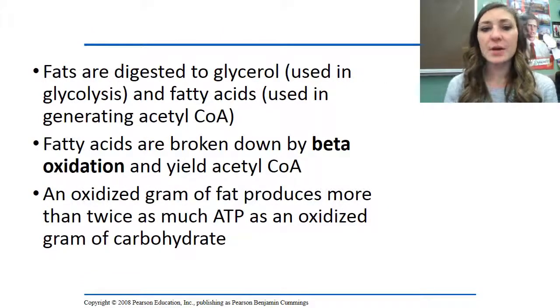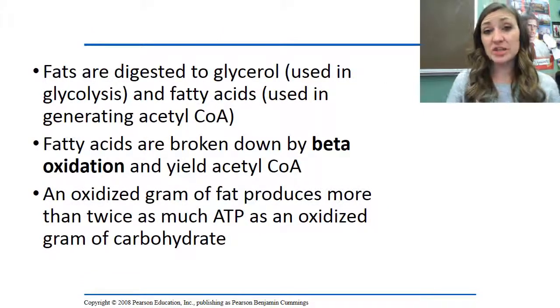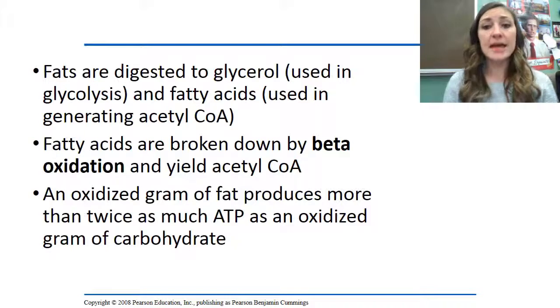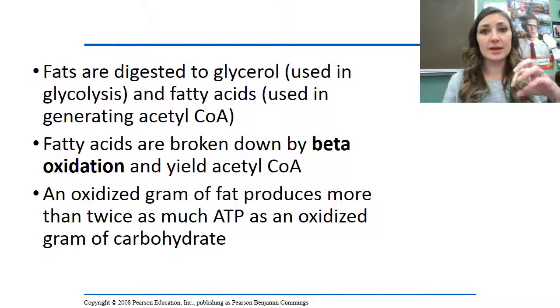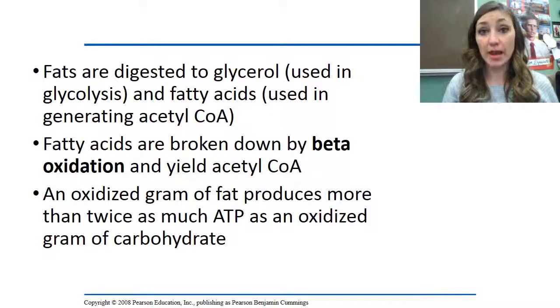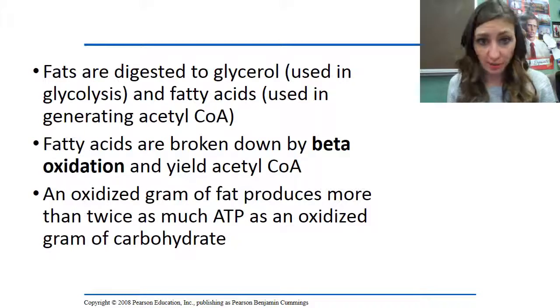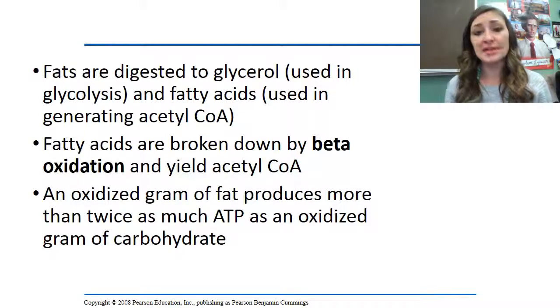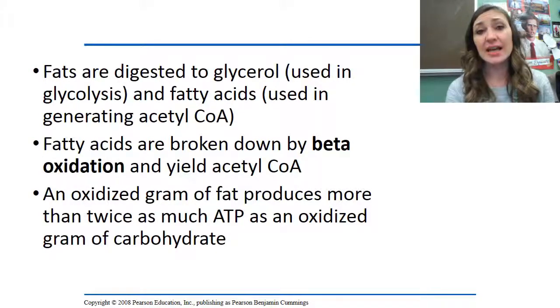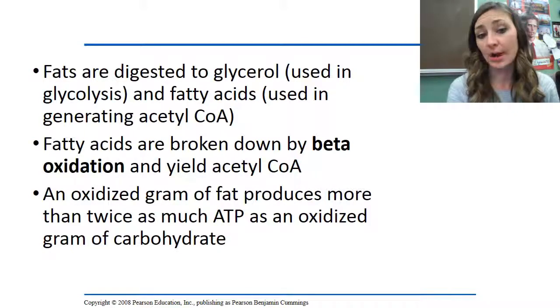Fats are a little tricky. They are digested to glycerol, which can be used directly in glycolysis, and then also there are fatty acids. So that glycerol comes off, the fatty acids come off, and those are used to generate acetyl-CoA, which is a necessary reactant for the citric acid cycle to start. Fatty acids are broken down using beta oxidation, and that's what gives us our acetyl-CoA.